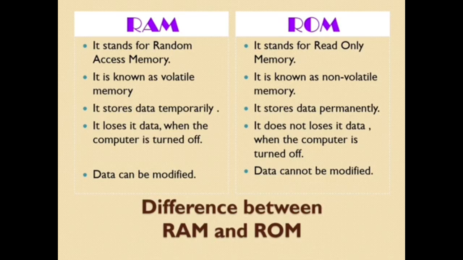So the next point, RAM is known as volatile memory, but ROM is a non-volatile memory. Here the data is stored temporarily, but in ROM it is permanent.